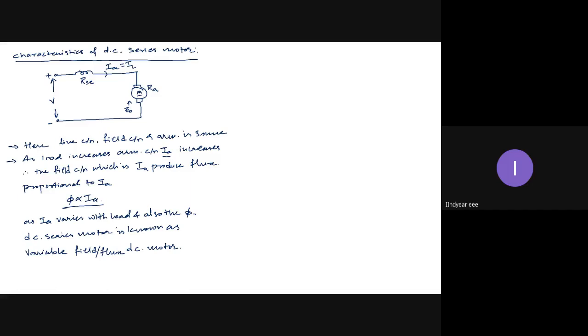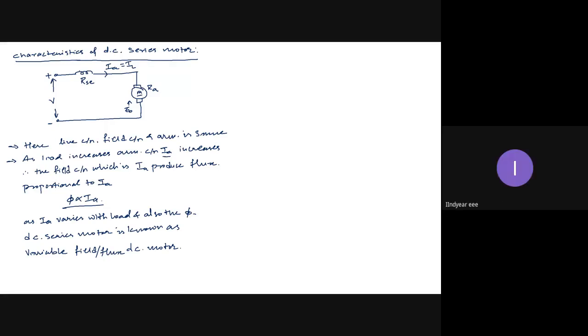Have you come across this term, magnetic saturation? Or is this the first time you are listening to it? We know about saturation current, sir.